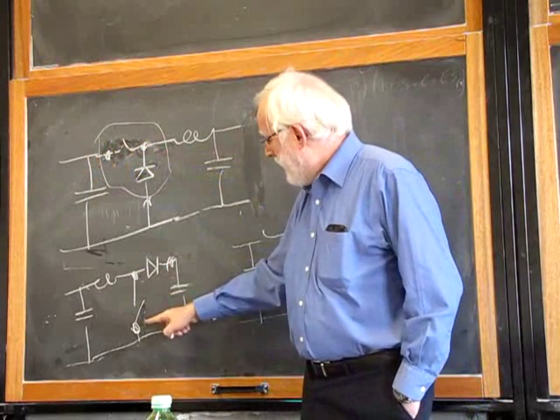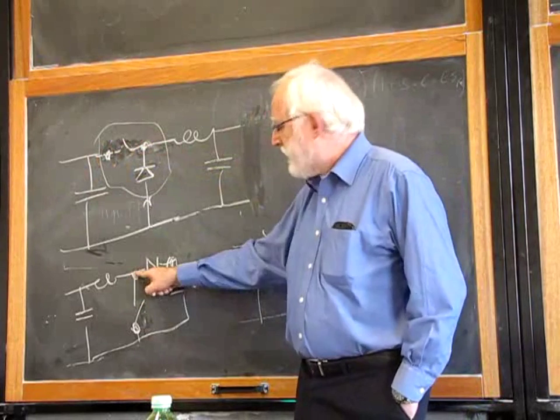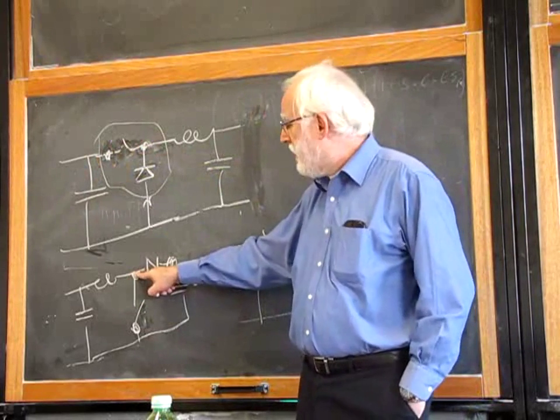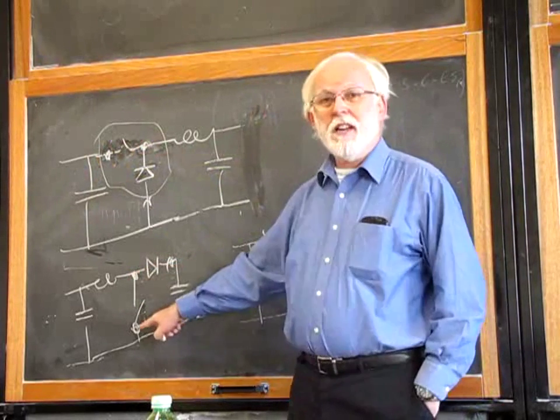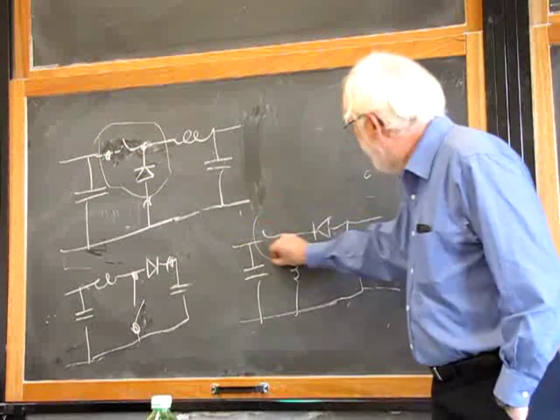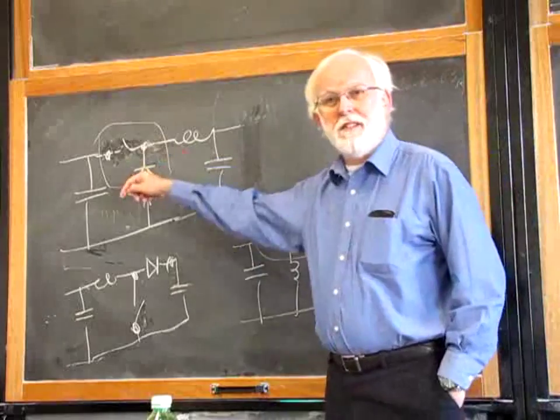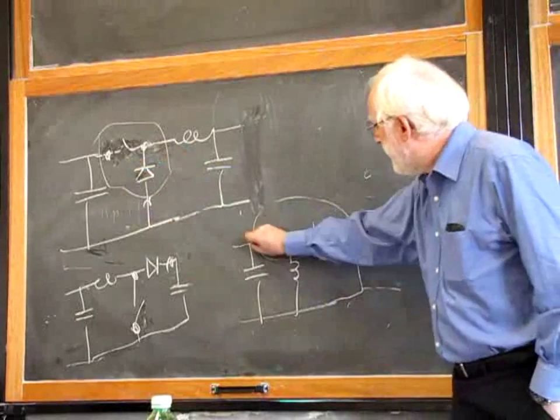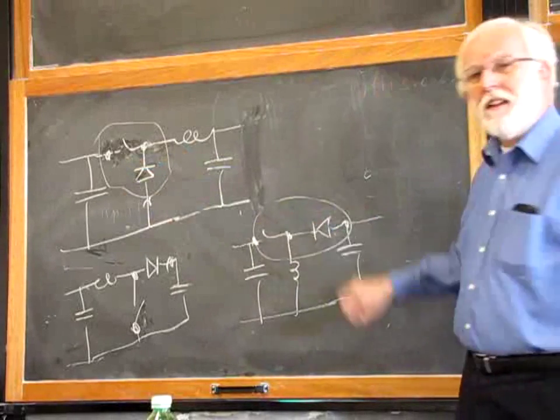And here you have diode and the switch connected together, and then the diode goes somewhere and the switch goes somewhere else. And here for the buck boost, the same story. You still have the same tripole, the same time variant tripole. That is one here, and one here.